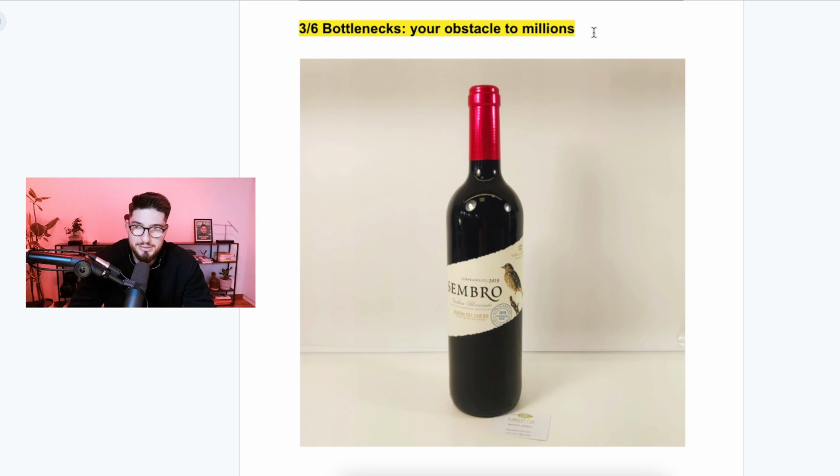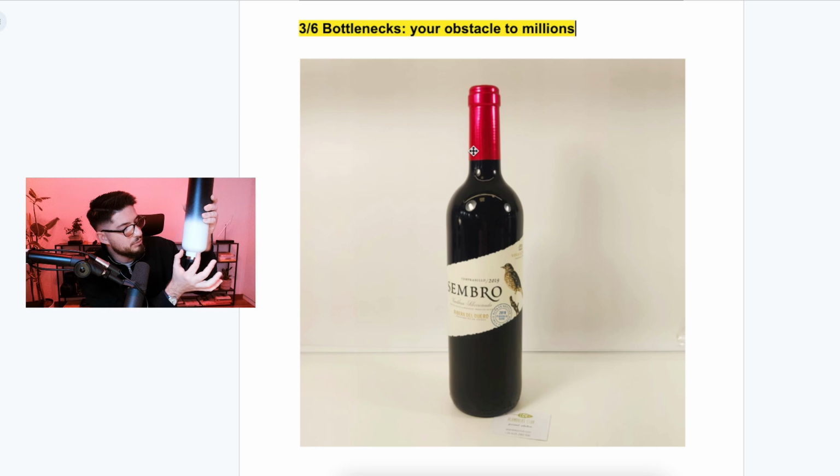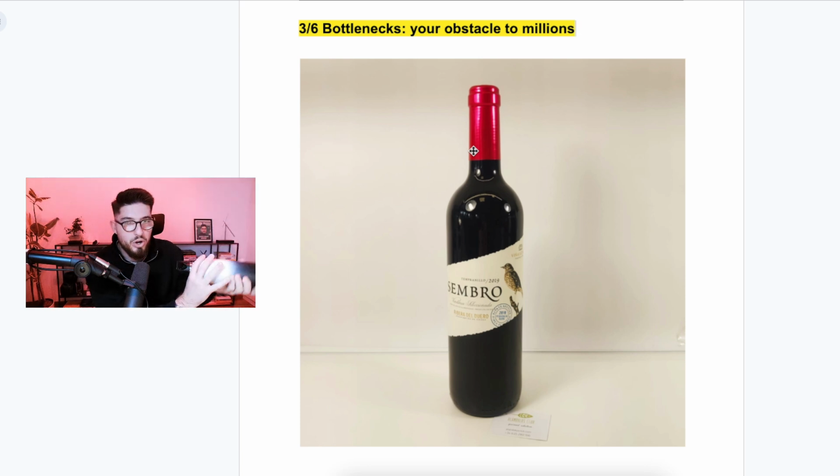I think everybody knows what a bottleneck is, but physically, a bottleneck is this thing. When the bottle becomes thinner, smaller here, less liquid can go through this than through this, because the width is different. So if I drop this, because I've got a little bottleneck here, the water is not going to drop as fast as it would if it was this width.